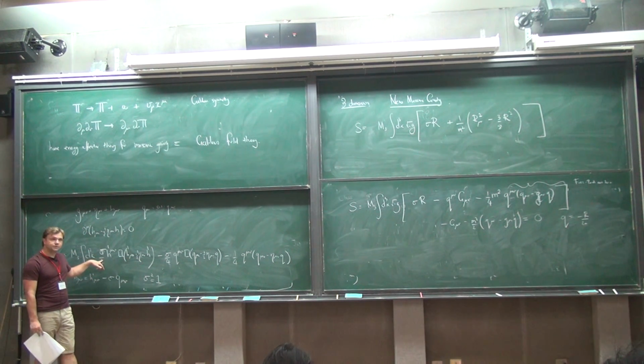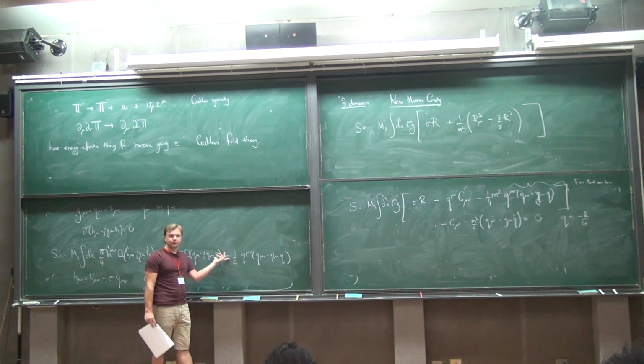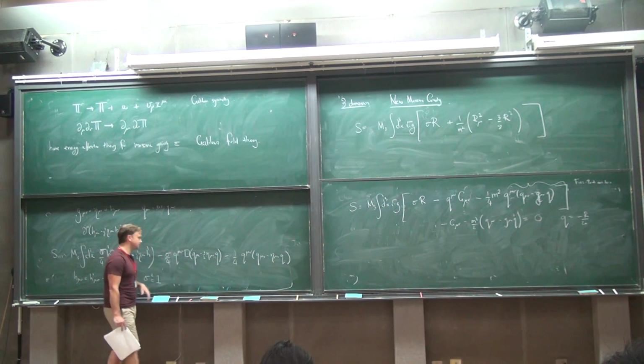However, we're in 3 dimensions, and a massless graviton in 3 dimensions has no propagating degrees of freedom. So although this massless graviton is here, there are no actual propagating degrees of freedom associated with it. The only propagating degrees of freedom are those of the massive graviton in 3 dimensions.